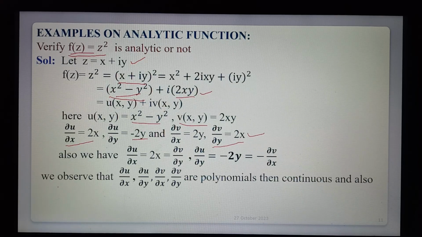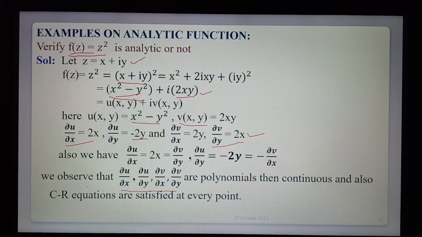So we observe here that all values are polynomials and continuous, and the CR equations are satisfied at every point. Choosing any point, the derivatives exist and the CR equations are satisfied at every point z.